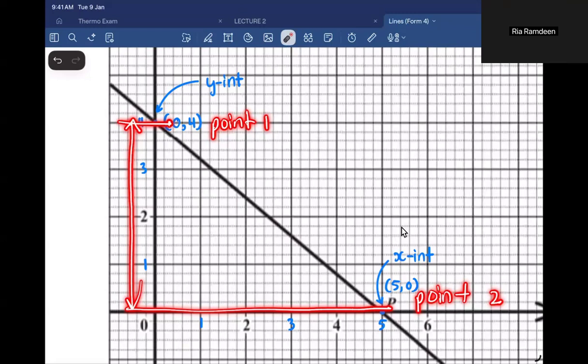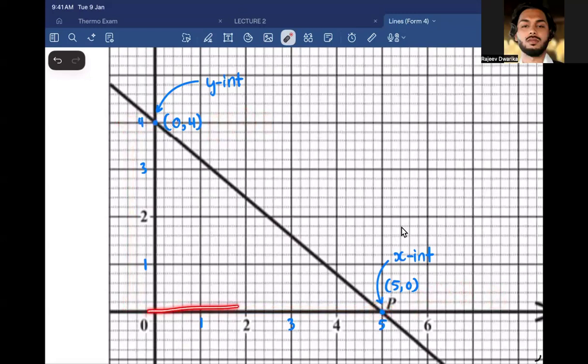That makes sense. For this point, what is the y value? 0 is the y value.